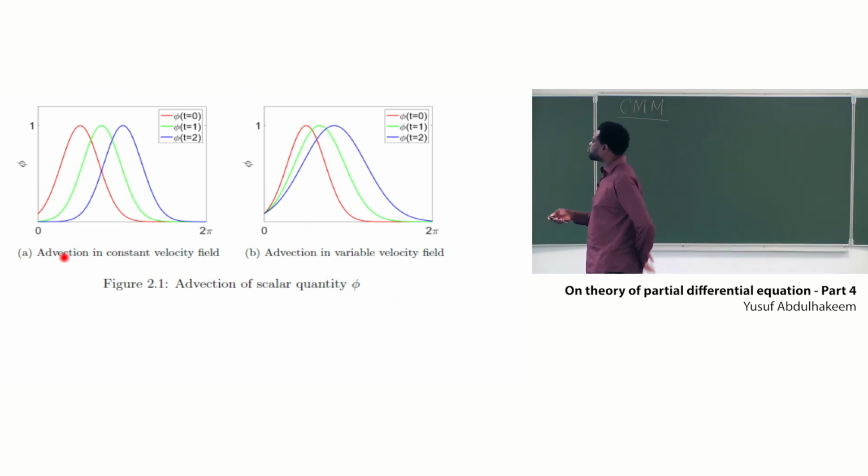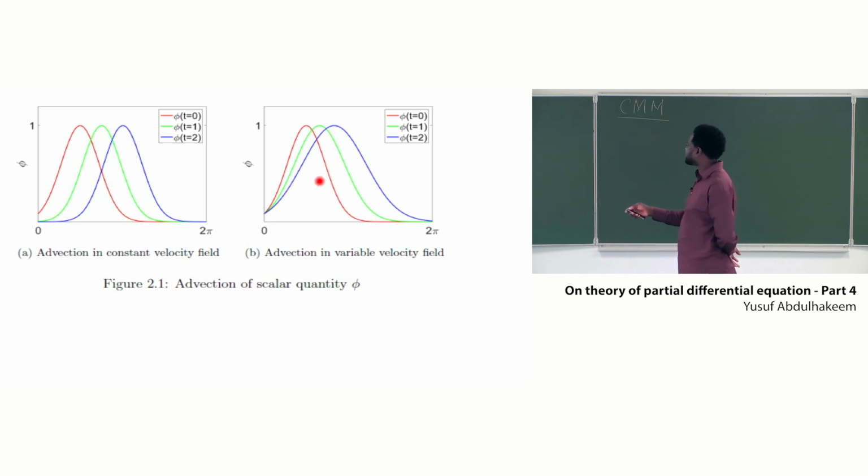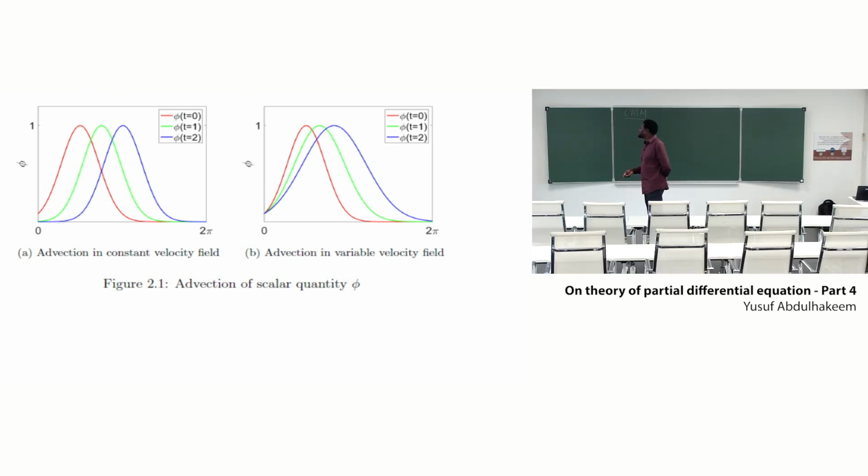Still, it moves in a regular fashion for t equals 0, 1, 2. We can see a slowdown in the movement, and all of them originate from the same place. So this is figure 2.1, advection of a scalar quantity.